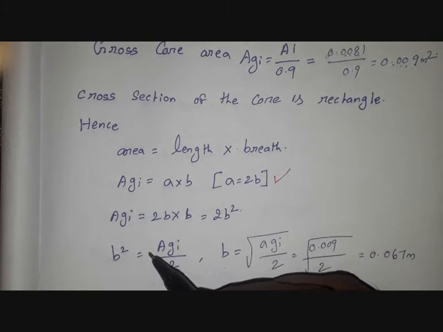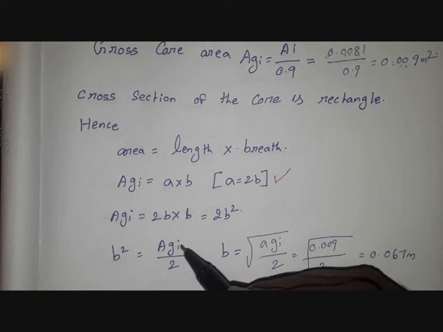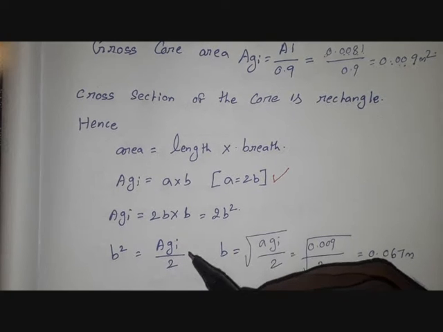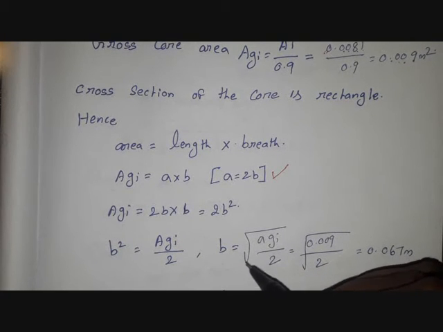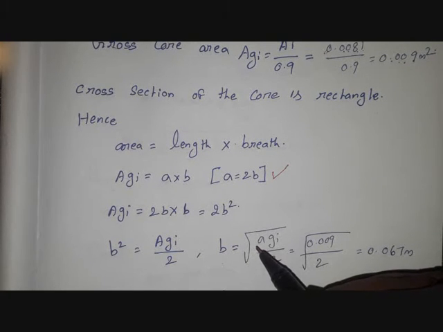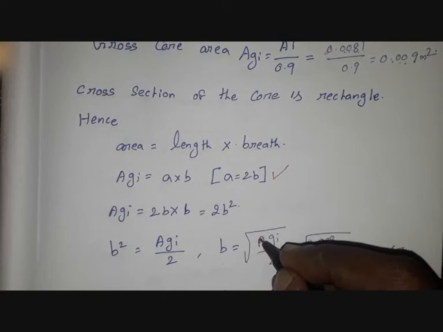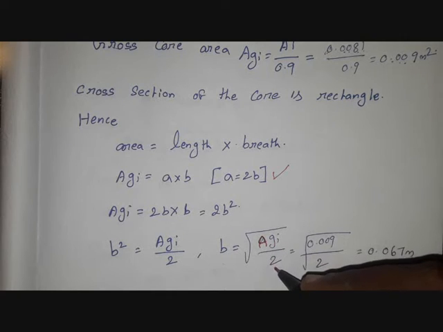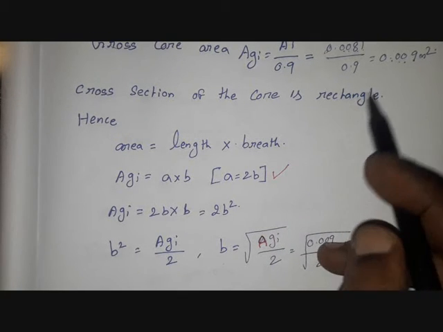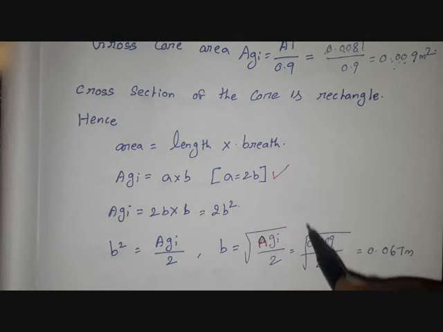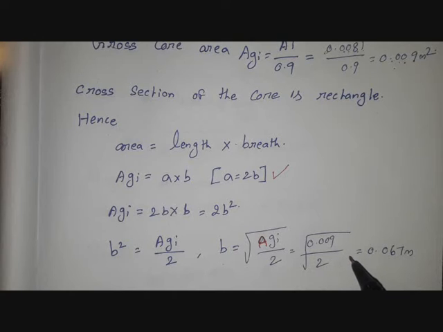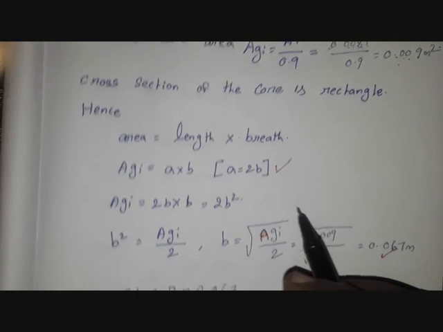So B squared is equal to AGI divided by 2. So then B is equal to whole square root of AGI divided by 2. The value of AGI is 0.09 divided by 2. We get 0.067 meter. We identify the B value.